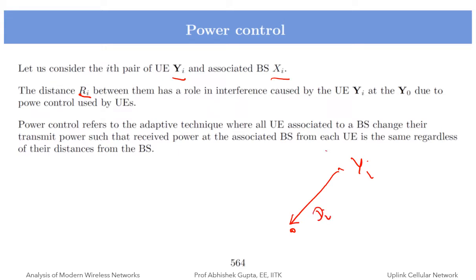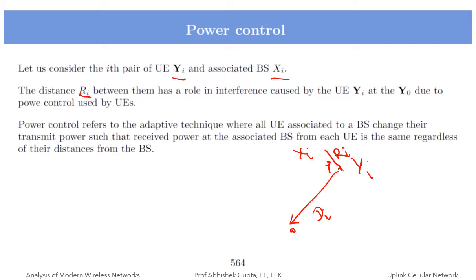How is the distance between yi and xi important? This is because the transmit power actually depends on Ri. Why? Because uplink generally uses power control, which was not in the downlink.